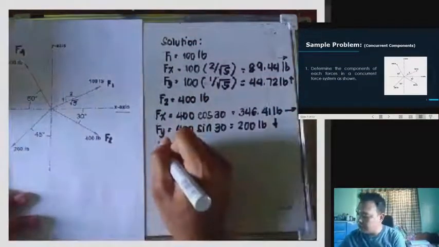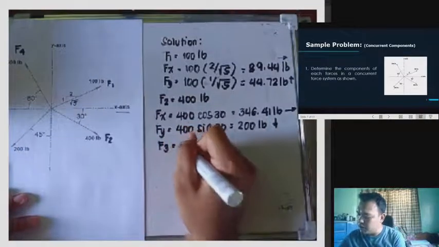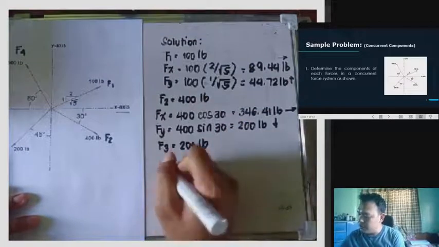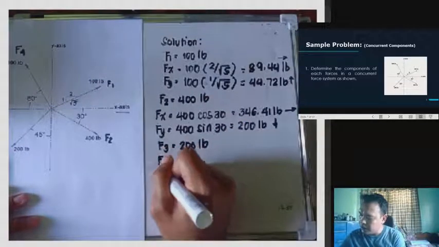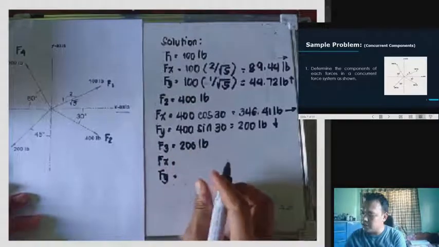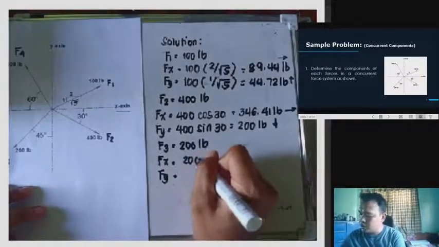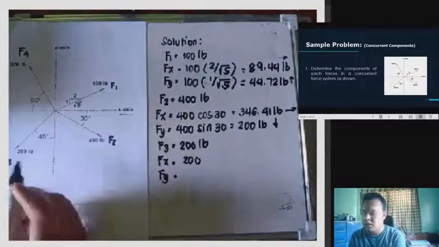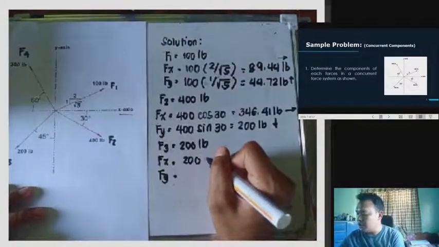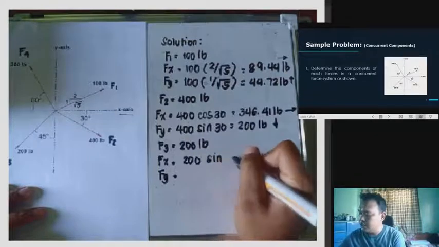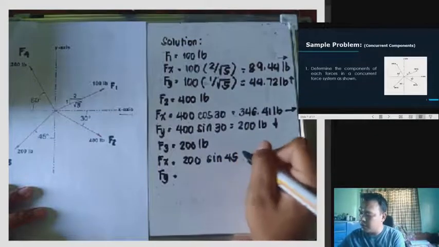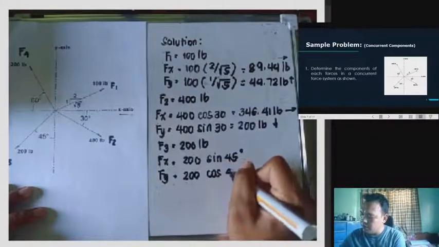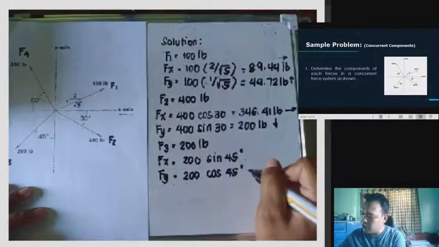Then we have F3, which is equivalent to 200 pounds. So, we have Fx and Fy. Fx is equivalent to 200, and this is our x-axis, so it's this one. Right, so this will be sine 45 degrees. Then, 200 cosine 45 will be our Fy.